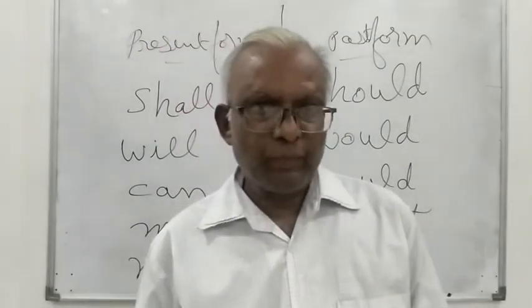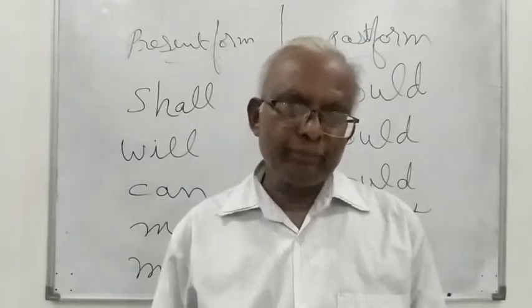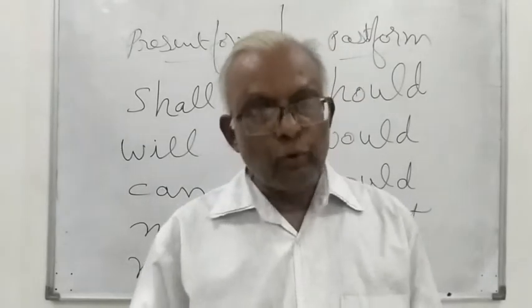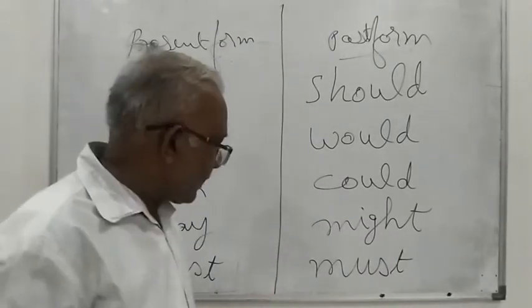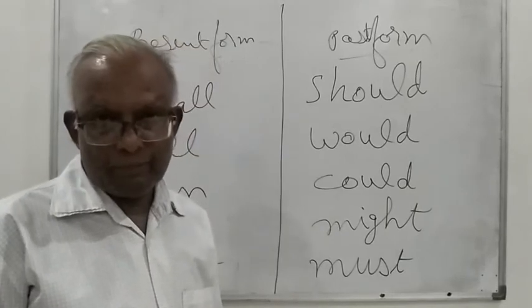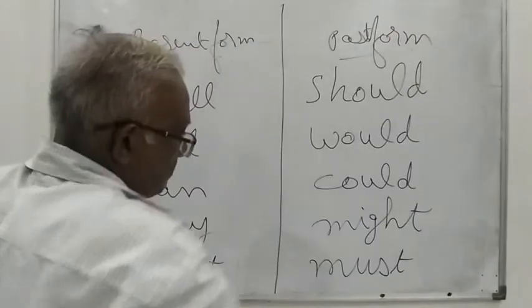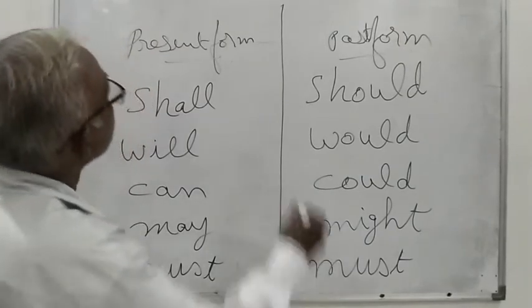No change. We already talked about do, did. Do can also be used in this set of helping verbs, and its past form would be did. This whole group we call modals.